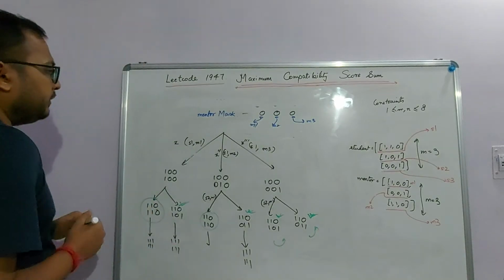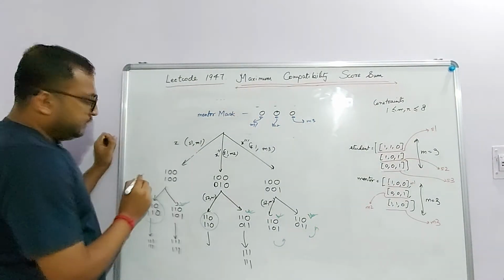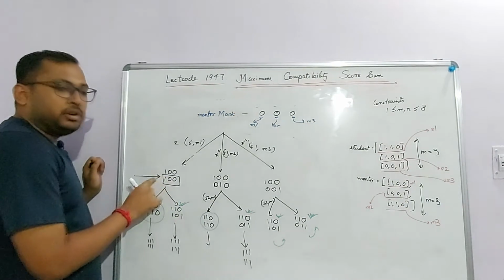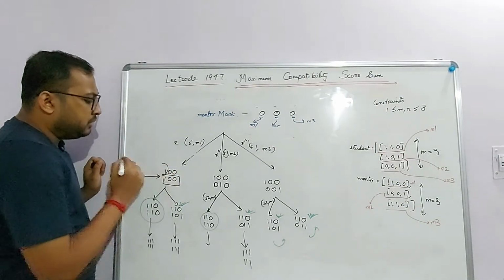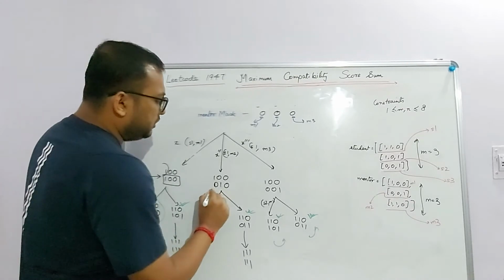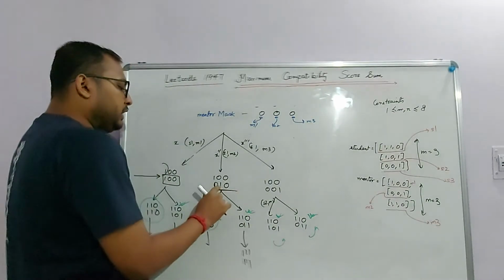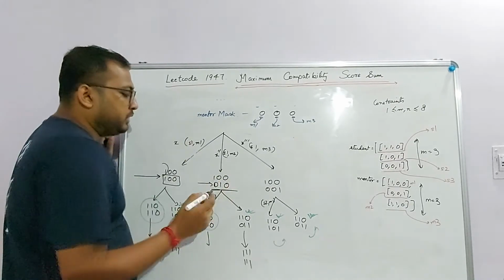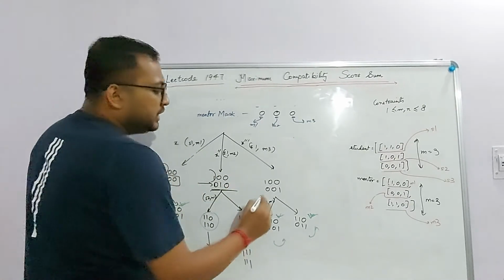Because every time you can see, if this is my mentor mask, this already shows that one bit is set. That means already I have taken this particular bit. Similarly here also, when only one bit is set in my mentor mask, that means I have only taken one bit from the student. Same goes for here.